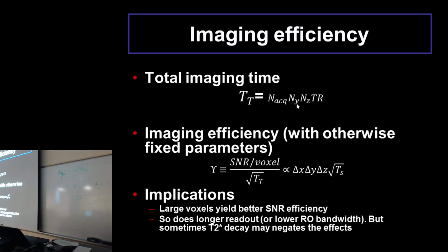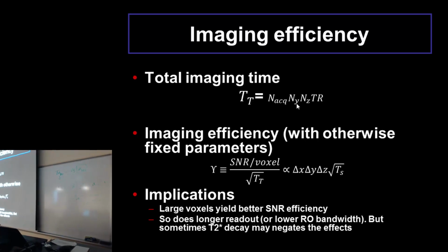Now your total imaging time is NY times TR originally. Now it is NY by 2 times TR. So SNR per unit square root time, total imaging time, is square root 2 of the original SNR naught divided by NY times TR by 2 square root.